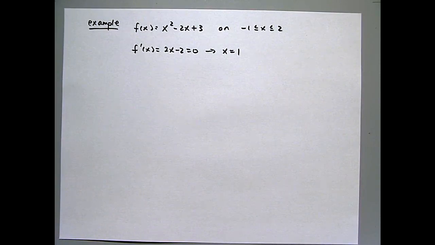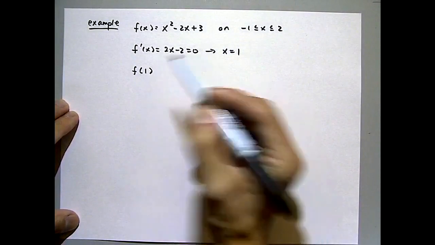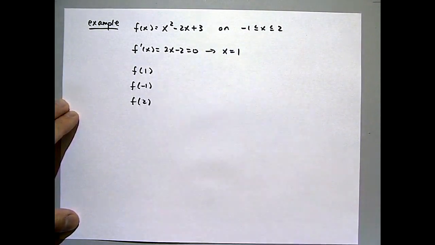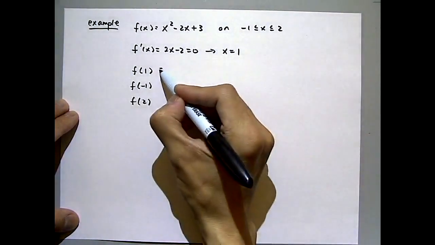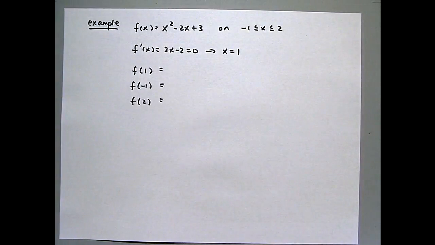All we've got to do is compare how high and how low they are, right? We just compare the function at the critical point, at the left end, at the right end. Whichever one is the highest one is my maximum. Whichever one is the lowest one is my minimum.